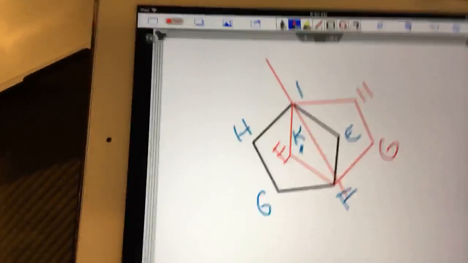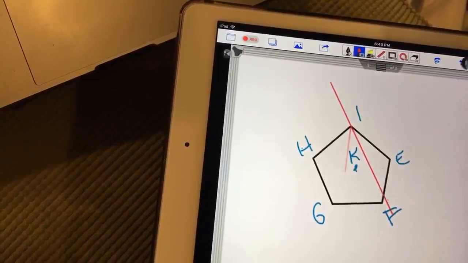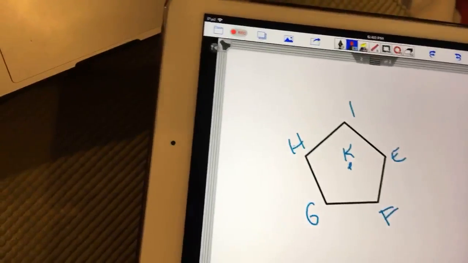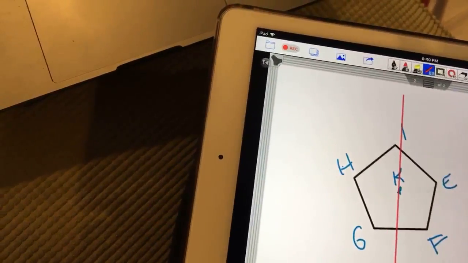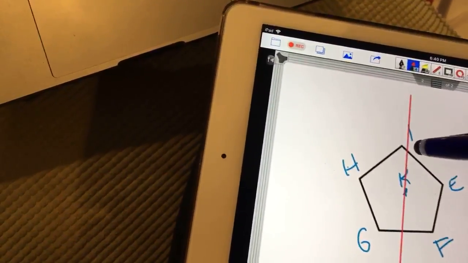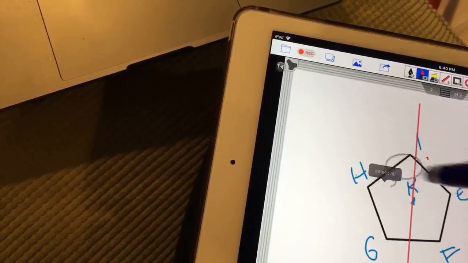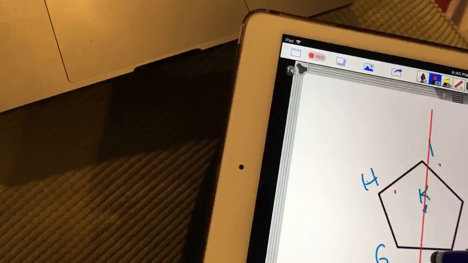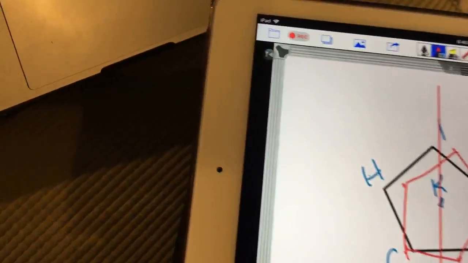All right. So let's try D. A reflection across a vertical line through point K. So here's my vertical line. All right.